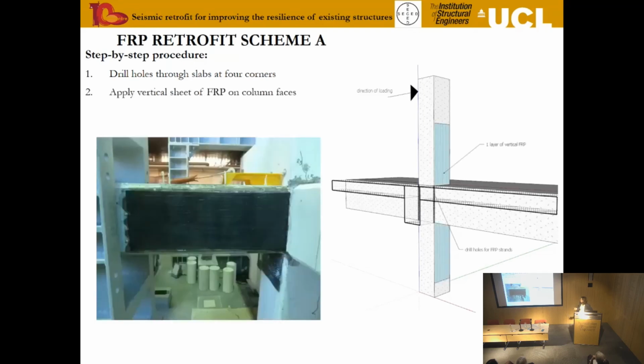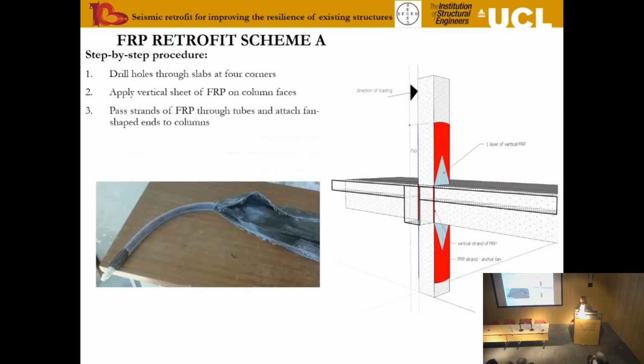We then applied one layer of vertical FRP to the top and the bottom columns. We developed these strands, which were basically rolling the FRP material to form something like a rope, and we passed them through the holes that we drilled.